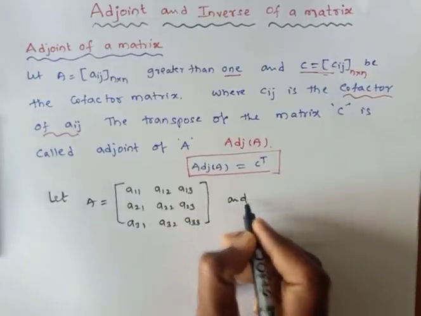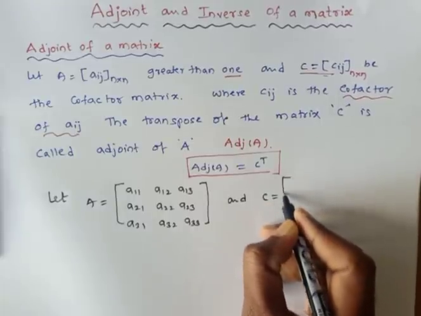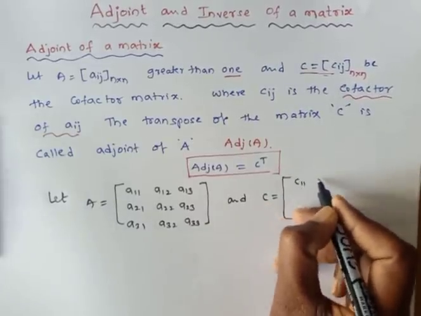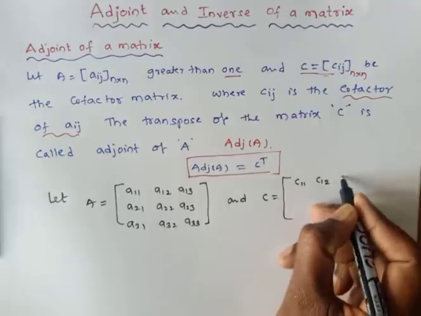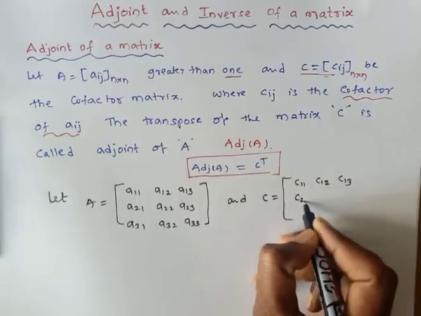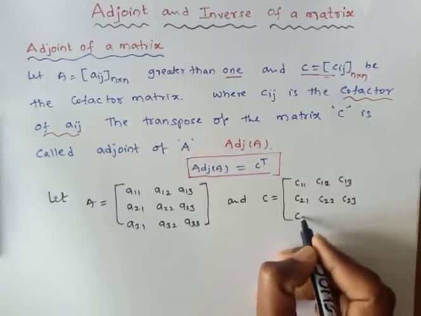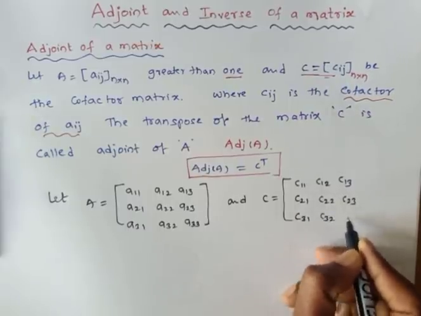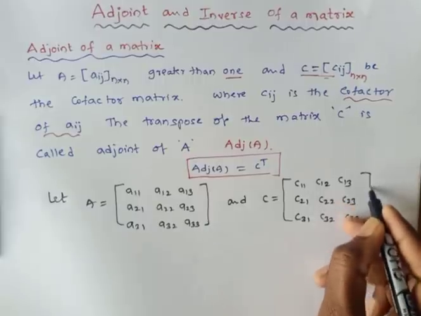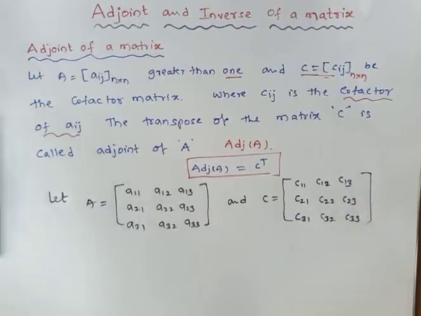Also consider the matrix C that contains the elements C11, C12, C13, C21, C22, C23, and in the third row the elements are similar.